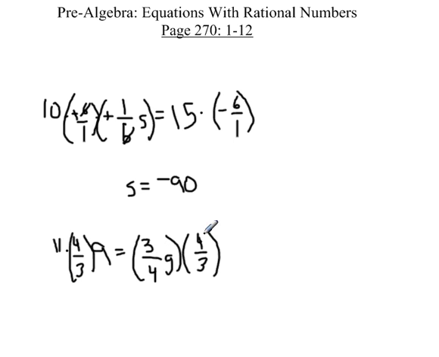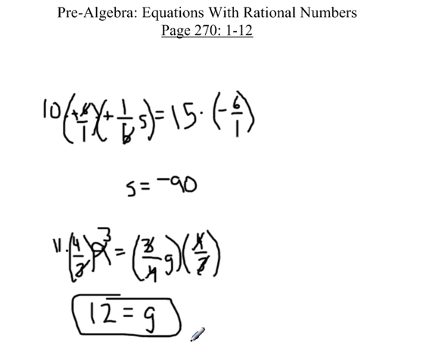Anytime you multiply by a reciprocal, what happens is the top and bottom numbers all cancel. That's why you do that, because you want g all by itself. Now it's easier to divide first. Do 9 divided by 3, which is 3. And then 3 times 4 is 12. And you're at your solution. So number 12, since it's 2/3 p equals negative 22, you're going to multiply both sides by 3 over 2. So a little hint to help you out there. So there's page 270, 1 through 12.